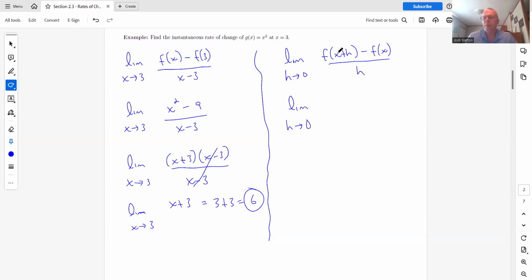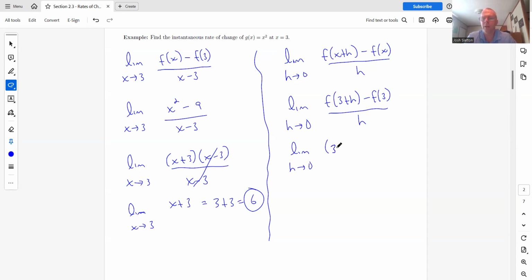So f of x plus h, we're going to plug, and actually we could do 3 plus h minus f of 3. So we're going to plug in the 3 for the x, and now plug in what we get from this difference quotient. So f of 3 plus h, so we're going to plug 3 plus h in for x.